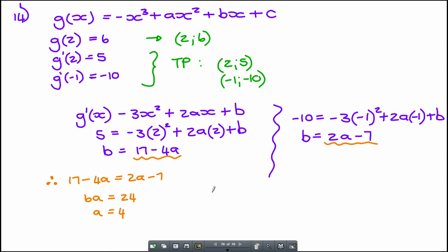So B will then be 7, of kom ons gebruik die makliker enetjie. 2 times that 4 minus 7. So B is 1. Want is 8 minus 7, hè? Is julle reg? Okay. Hoe gaan ek vir C gaan kry? Wat gaan ek instel? Wat het ons nog nie gebruik hier?